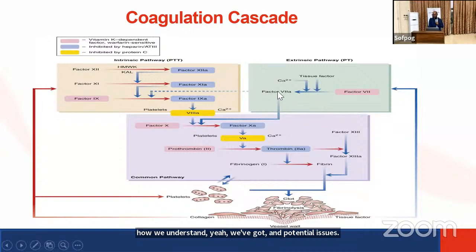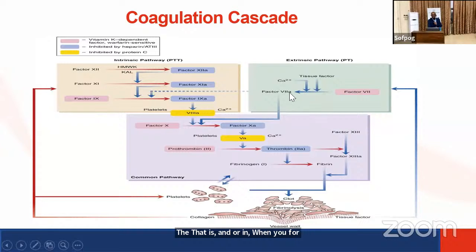The extrinsic pathway, as you can all see, usually starts from tissue injury that results in a protein being released called tissue factor. And when tissue factor is released, it combines with another protein called factor 7A.